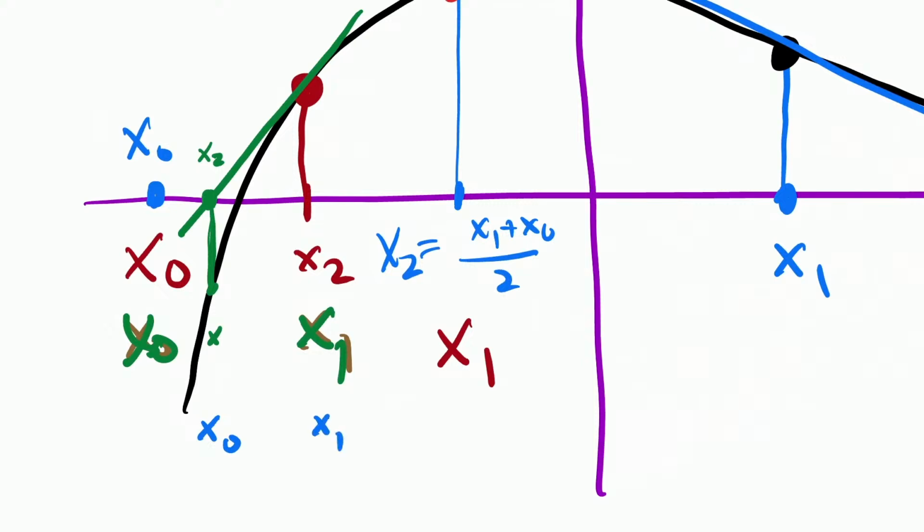Now, I guess there's one thing that I left off of my list there, and that is what happens at this stage? Because obviously, if I use x1 again, I'll end up with that same point, and that's no good. So at this point, you use whatever your newest number is. So your newest estimate was this one.